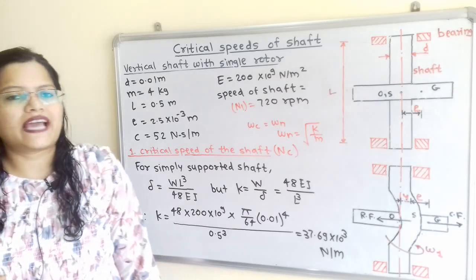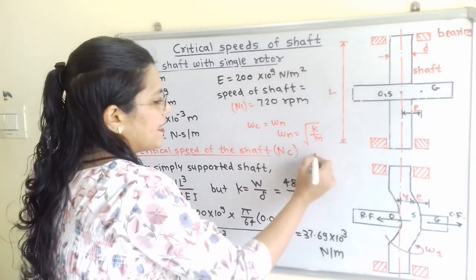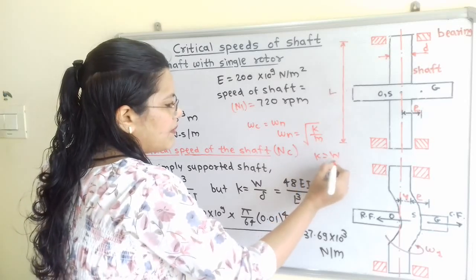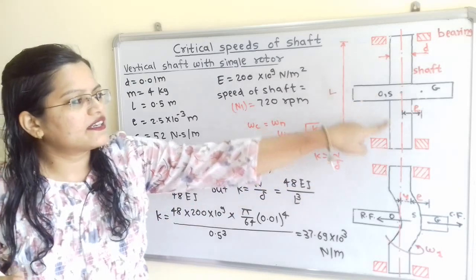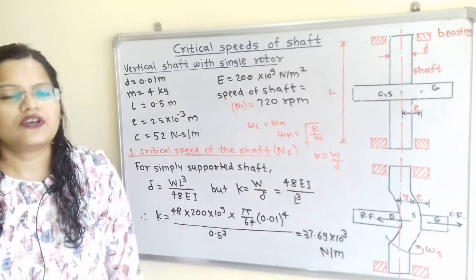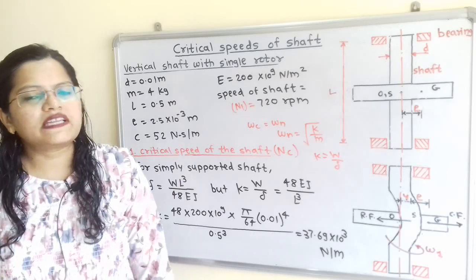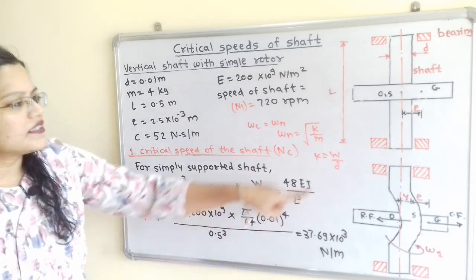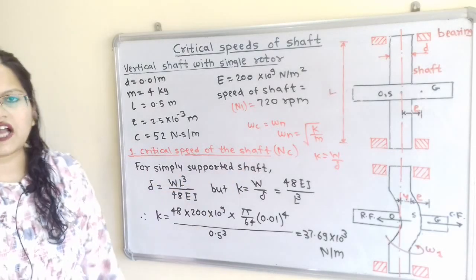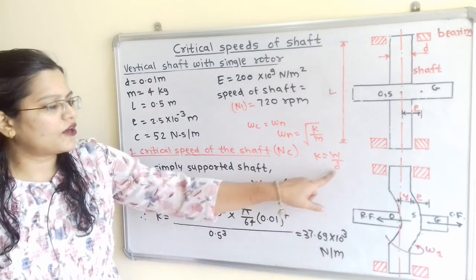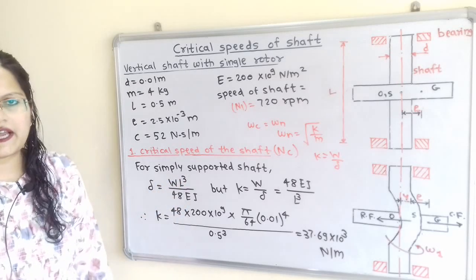Now we know that the stiffness K of the shaft is equal to W by delta, where delta is the static deflection in the shaft. So we will first find out the value of delta. In the question it is given that the shaft is simply supported. So for a simply supported shaft, we have the formula delta is equal to WL cube by 48 EI.